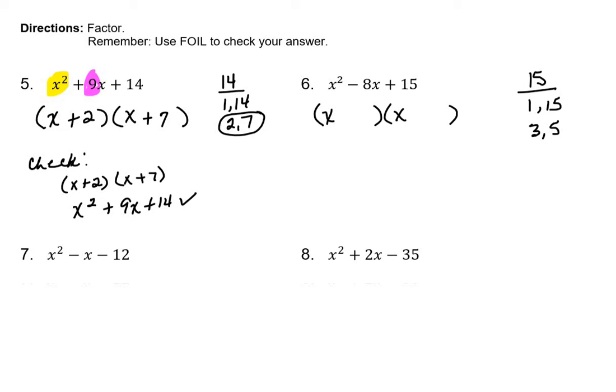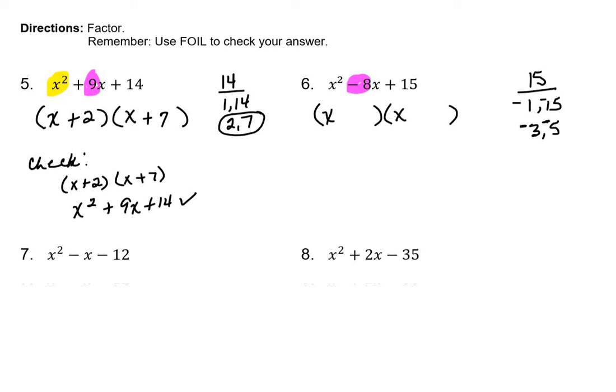Now I want the numbers to multiply to give me 15 and add to give me negative 8. So if I need the two numbers to add to be negative, that means that both of these numbers over here have to be negative, right? When I multiply these two numbers together, I can get 15.